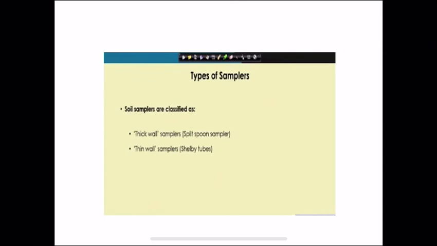If I collect the soil sample with the split spoon sampler tube, the soil is highly disturbed. So the soil sample collected with the SPT is a disturbed soil sample. Then we discussed the criteria to collect an undisturbed soil sample: we can use the thin wall sampler tube.